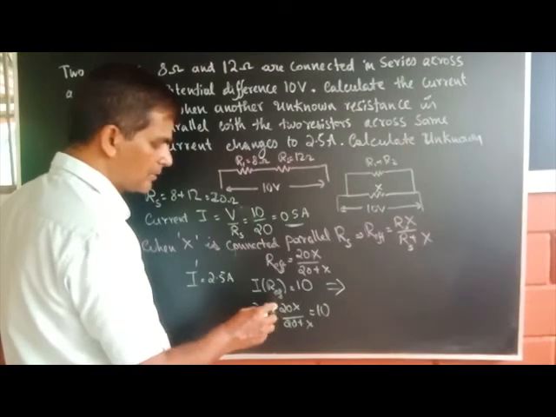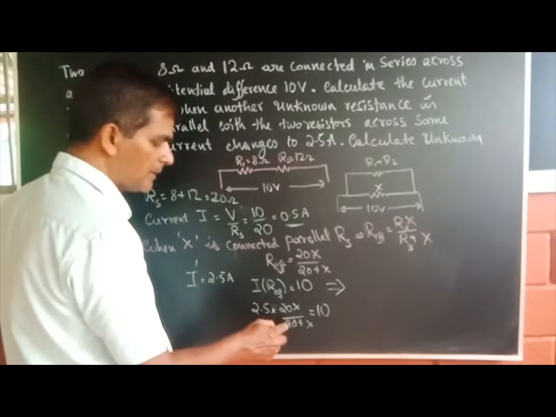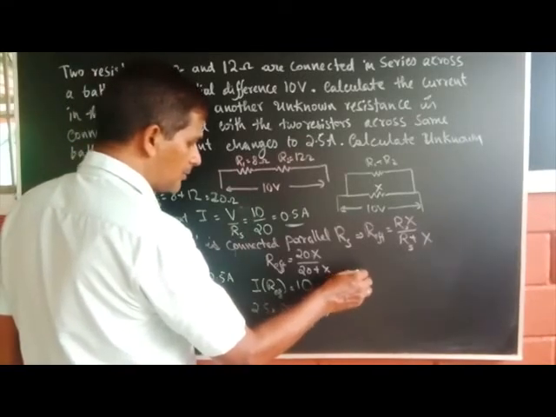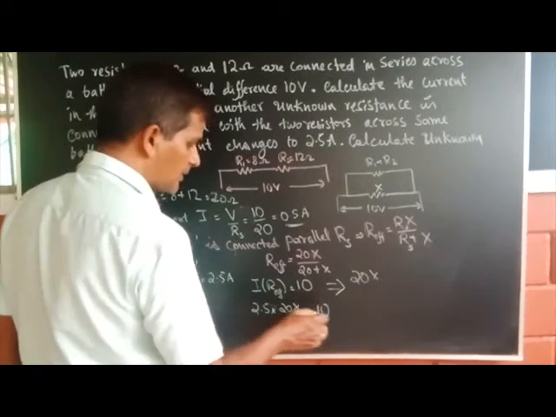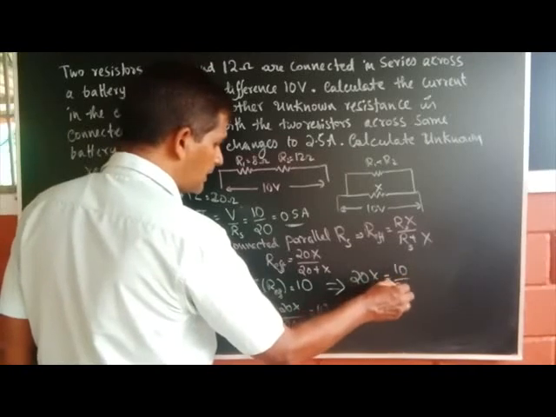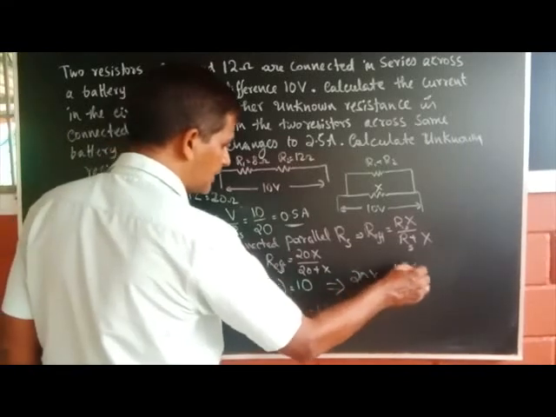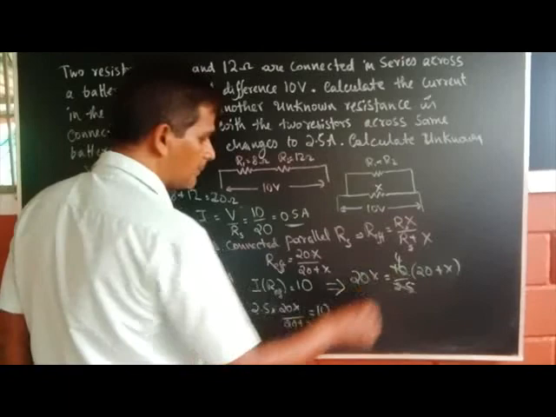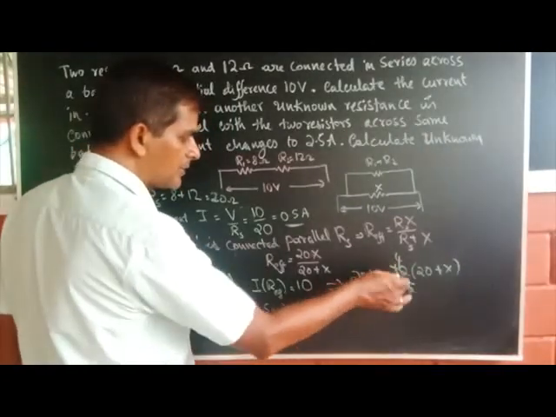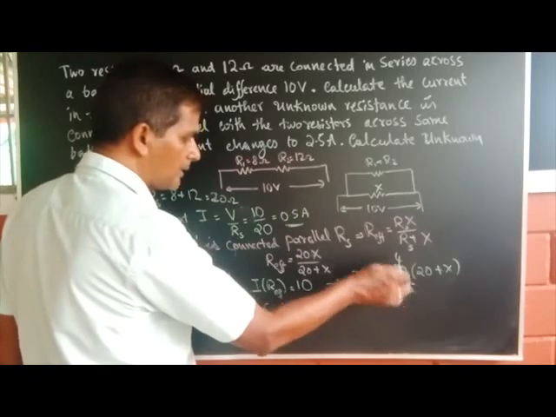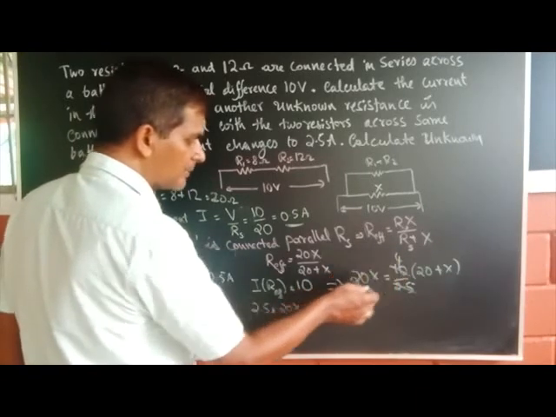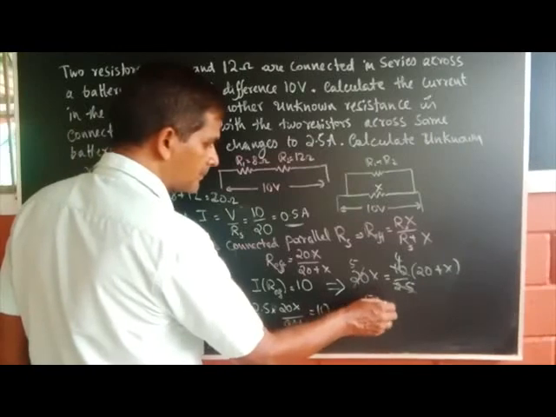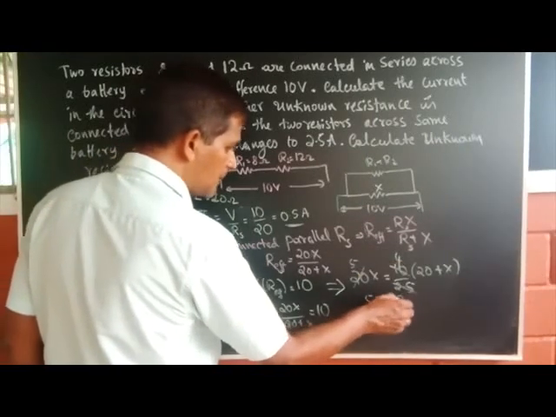Don't confuse, this is 2.5 into 20X divided by 20 plus X. I take 2.5 to the other side: 20X equals 10 divided by 2.5 into 20 plus X. You have to simplify carefully. 10 divided by 2.5 is 4, and 20X divided by 4 is 5X, so 5X is equal to 20 plus X.